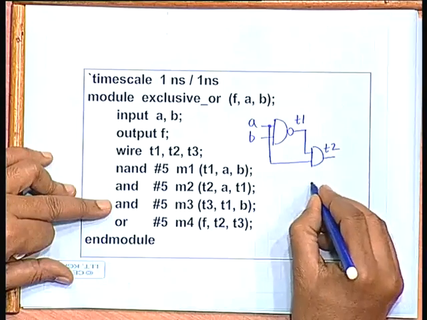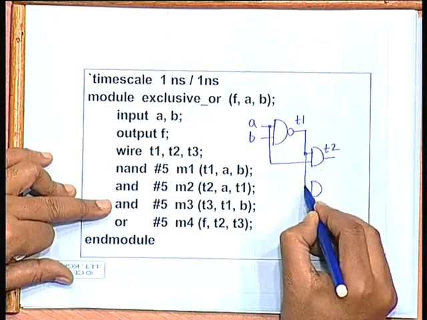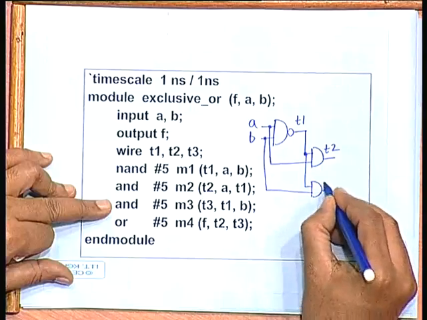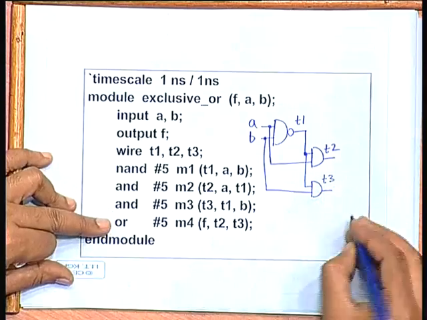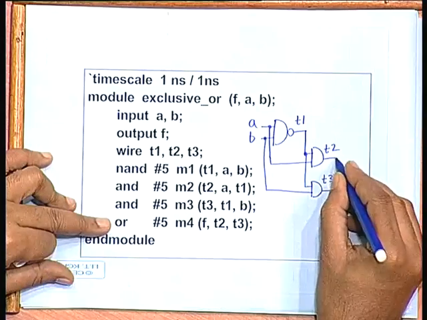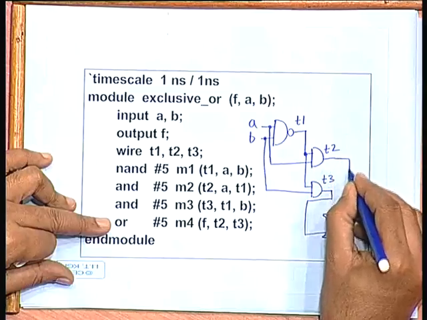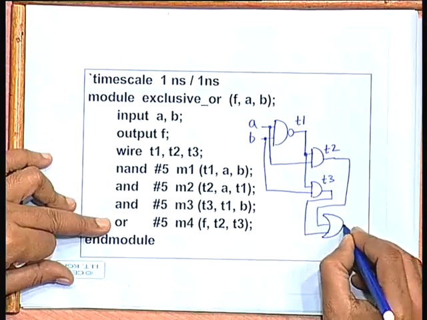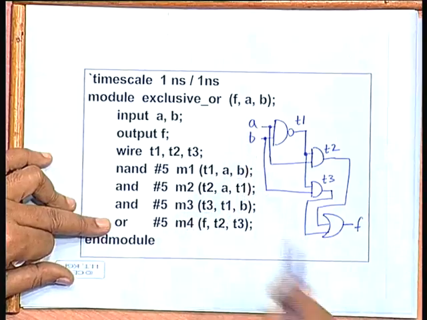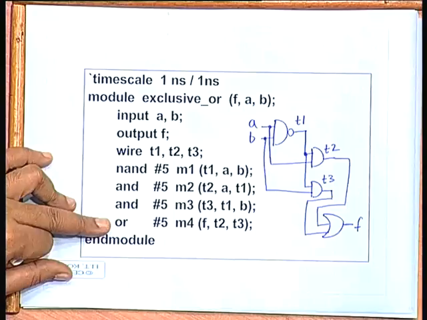There is another AND gate which takes T1 and B, this is T3, and there is an OR gate which takes T3 and T2 and generates F. If you evaluate, you will find F is nothing but the exclusive OR function of A and B, we have just implemented it in this way.